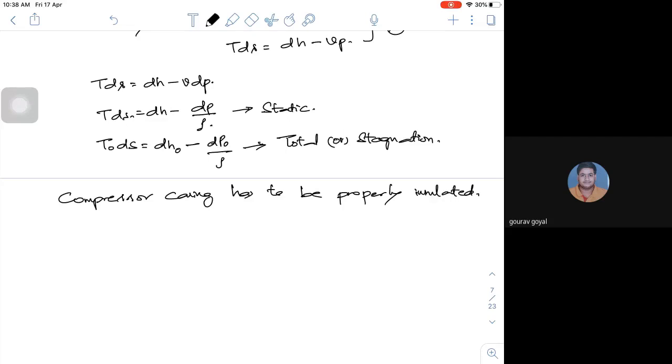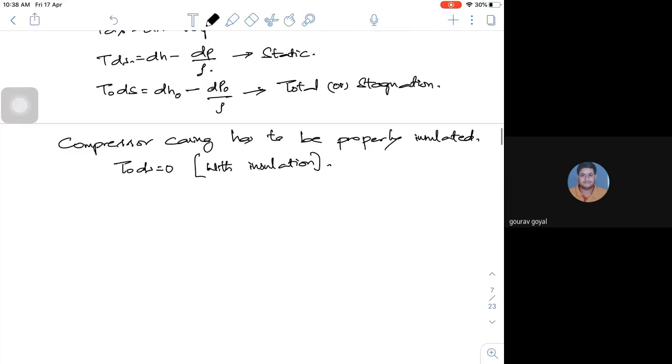So if that is the case, what will happen? My TdS is equal to 0. This is got to be very clear. This is with insulation.